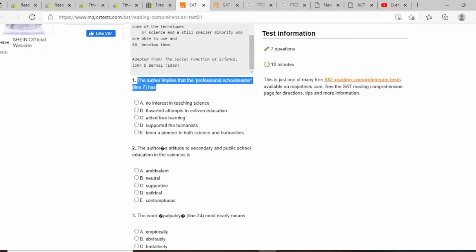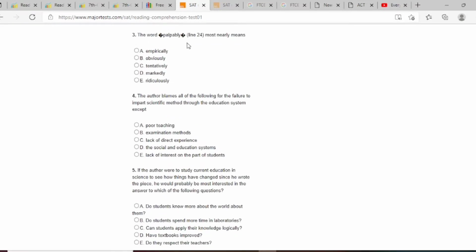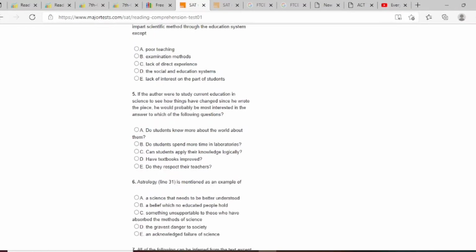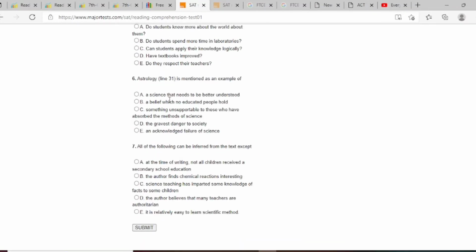If you notice, it says "the author implies," or the word in line 24 "most nearly means." You're going to see a lot of these on the general knowledge reading exam. Another one is "line 13 is mentioned as an example of," and "all of the following can be inferred from the text except."